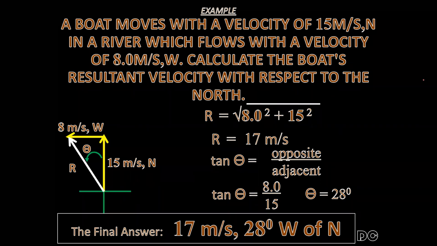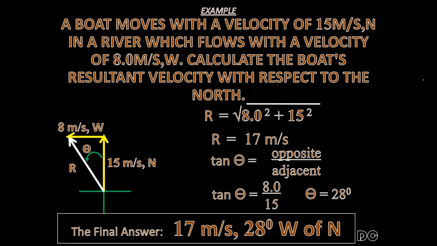Okay, so that is how we solve the resultant of a given vector if they both act on the same axis and if they act on different axis. So mas madali ang pagkuha ng resultant if they are in the same axis than solving for the resultant if they are in different axis.